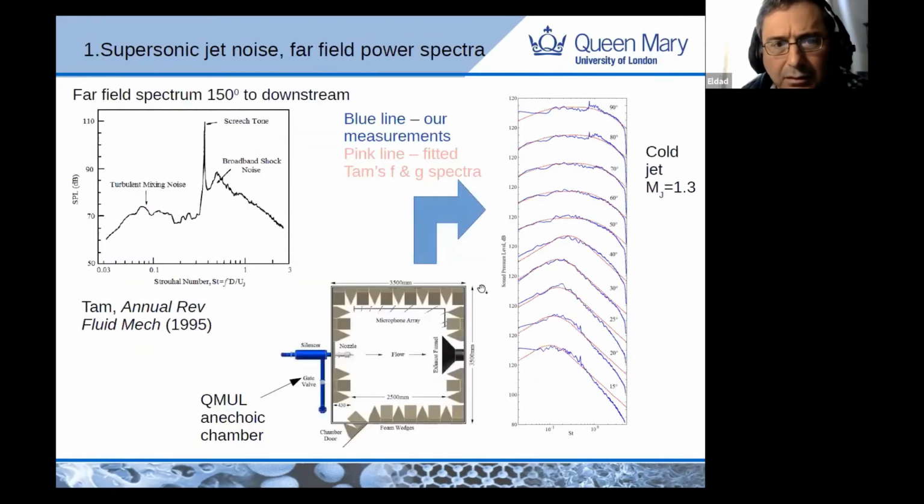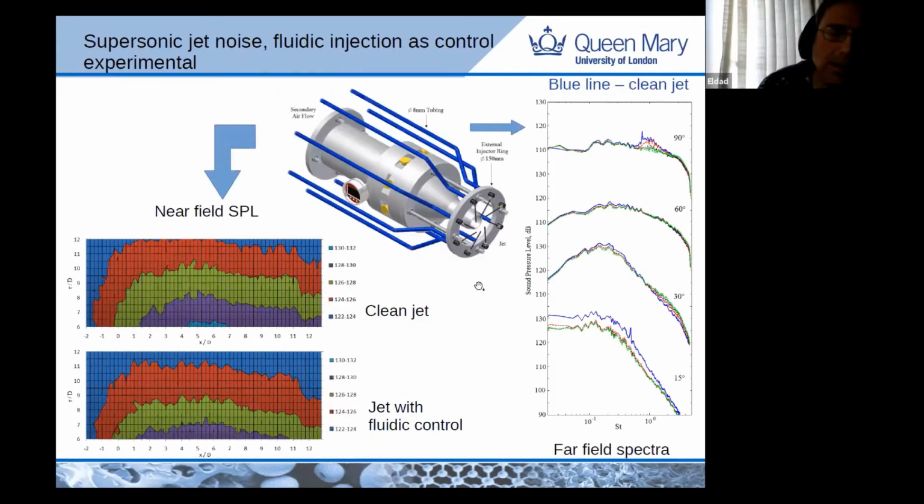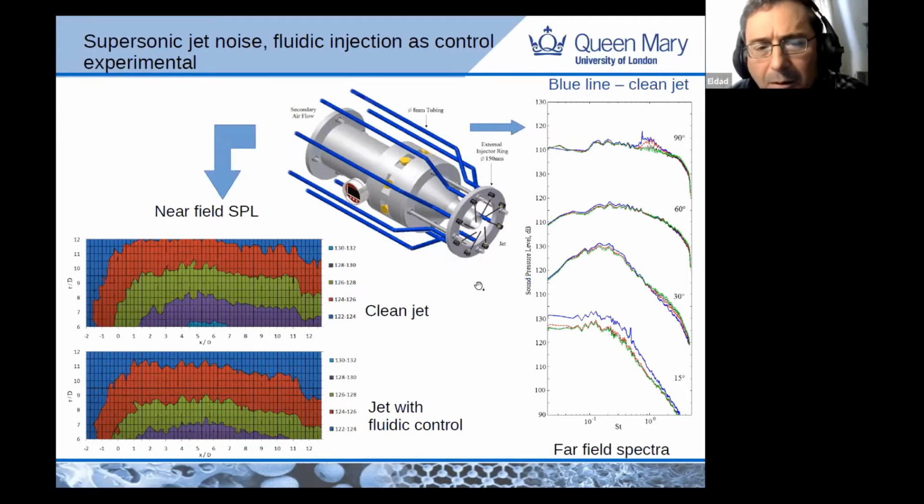The next part was to try to control that, and there are several ways to control and reduce the noise. One mechanism that we tried was fluidic injection, and we put it tangential. Usually the way to do that is to put it normal into the jet, but we put it tangential to give it extra swirl.